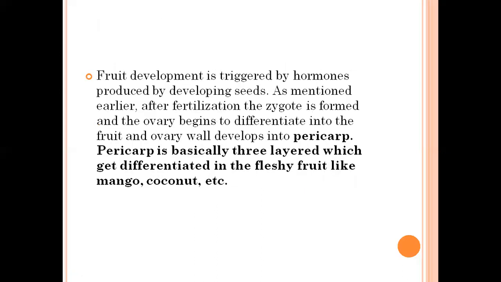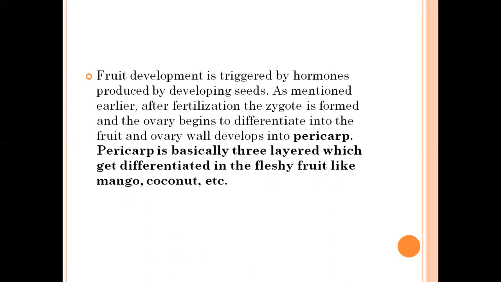Now, fruit development is triggered by hormones produced by developing seeds. As mentioned earlier, after fertilization, the zygote is formed and the ovary begins to differentiate into the fruit and the ovary wall develops into pericarp.